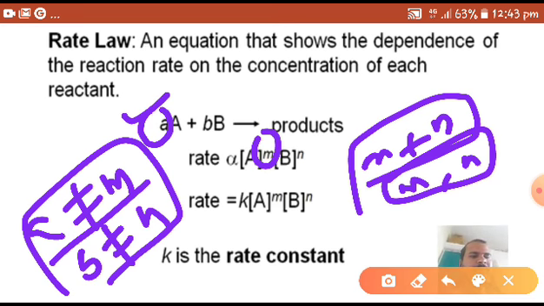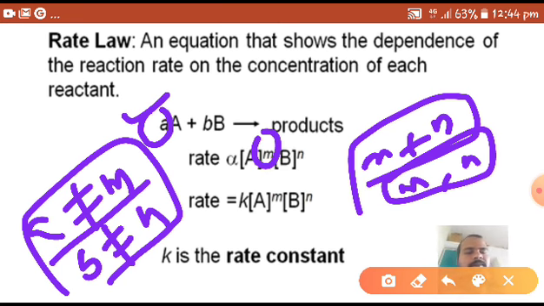So an experimentally determined mathematical expression relating the molar concentration of reactants to the actual rate is known as the rate law. Rate law and law of mass action may be in agreement with one another as far as a single step reaction is concerned. Rate law is derived from the law of mass action. But many reactions are not single step reactions.